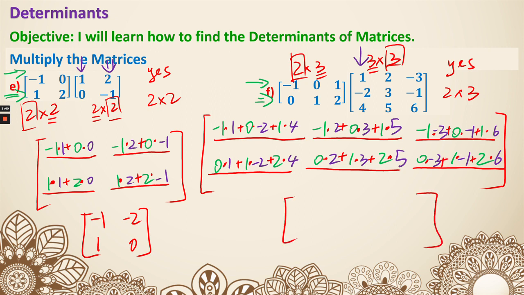And that's going to give us a result of negative 1 plus 0 plus 4, that's 3. Negative 2 plus 0 plus 5 is a 2. That's negative 3 plus 0 plus 6, that's a 9. Then 0 minus 2 plus 8, 6. 0 plus 3 plus 10, 13. And 0 minus 1 plus 12, 11. That is F.